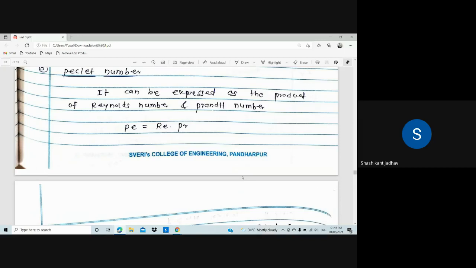It can be expressed as the product of Reynolds number and Prandtl number. Peclet number काय असणार आहे तर Reynolds number आणि Prandtl number चा product असणार. It can be expressed as a product of Reynolds number and Prandtl number.